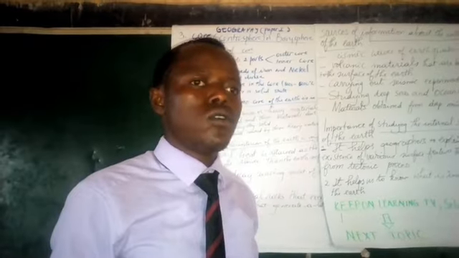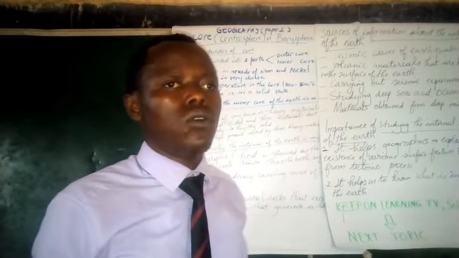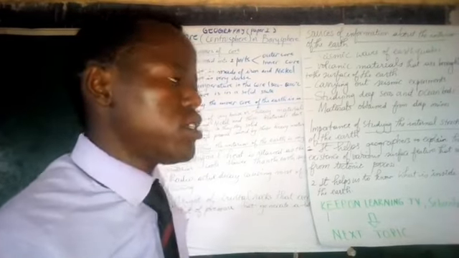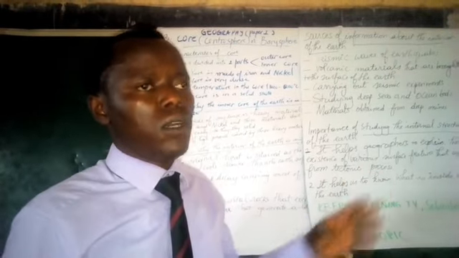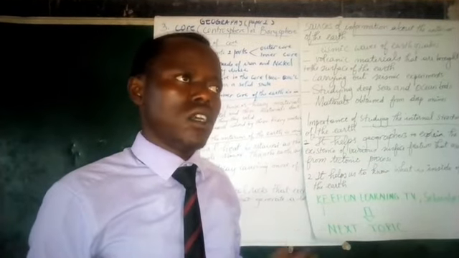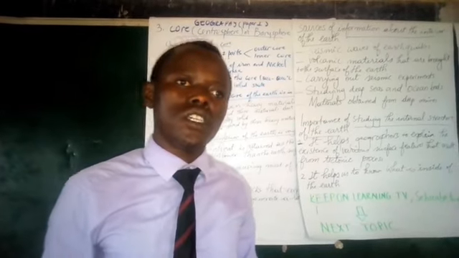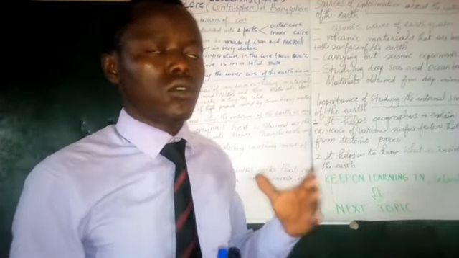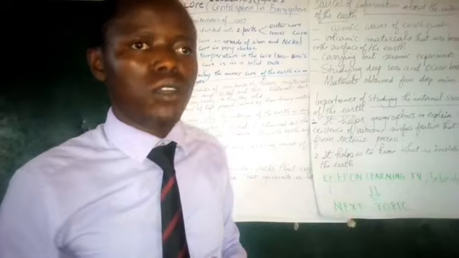We also talked about the zones of discontinuity that separate each layer, where we have seen that crust and mantle are separated by the Mohorovicic discontinuity. We also talked about the Gutenberg discontinuity that separates mantle from the core.